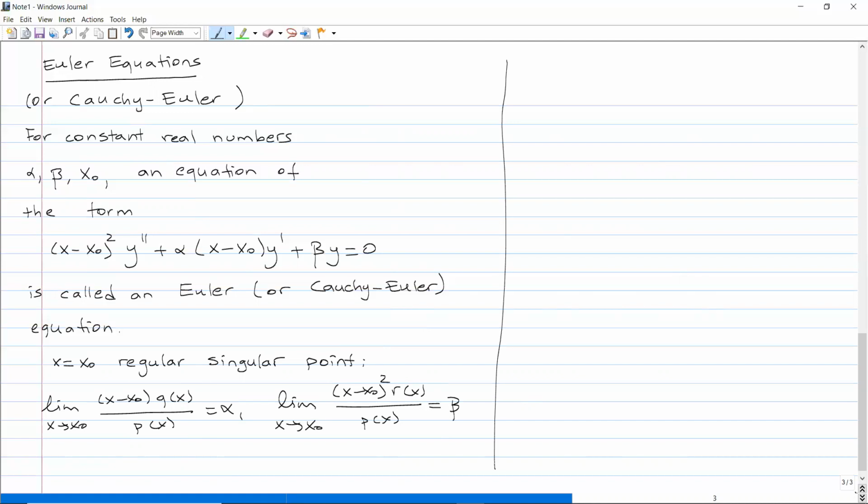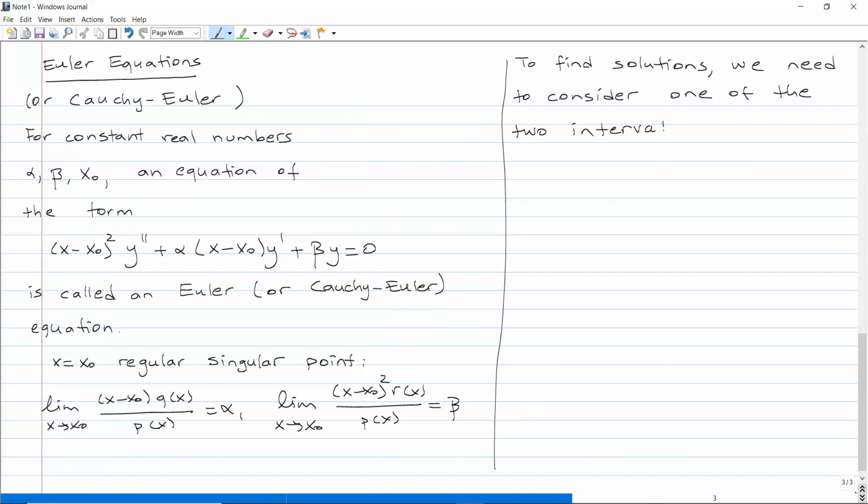Okay, now to find solutions, we need to consider one of the two intervals, x greater than x0 or x less than x0.